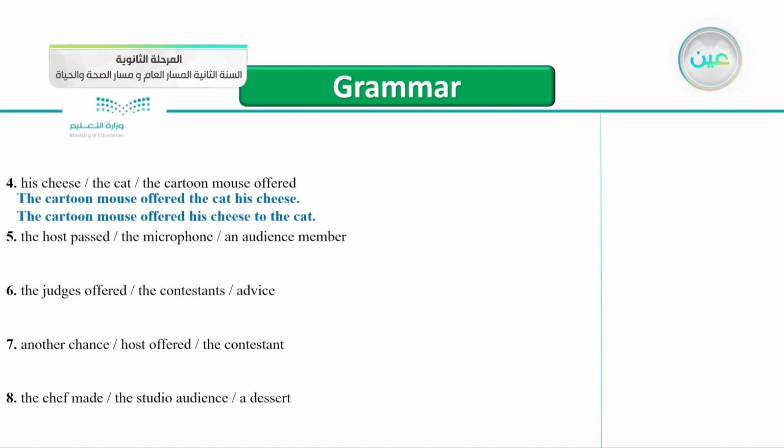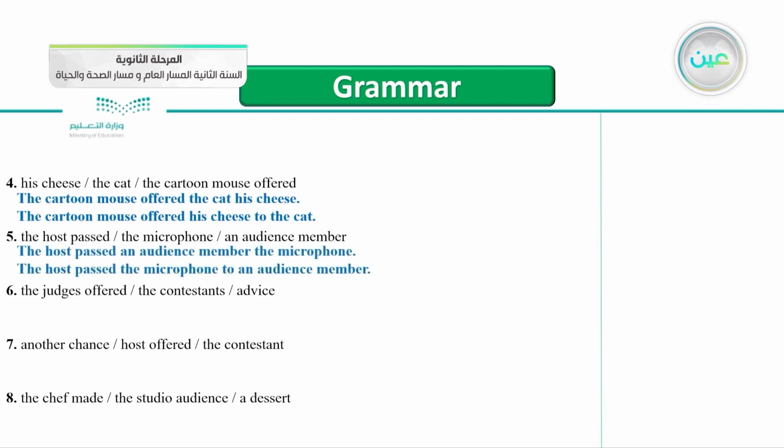The cartoon mouse offered his cheese to the cat. So now we know the cat is the indirect object. Number 5, the host passed the microphone an audience member. Very good. Now you got the hang of it, really. The host passed an audience member the microphone. The host passed the microphone to an audience member.